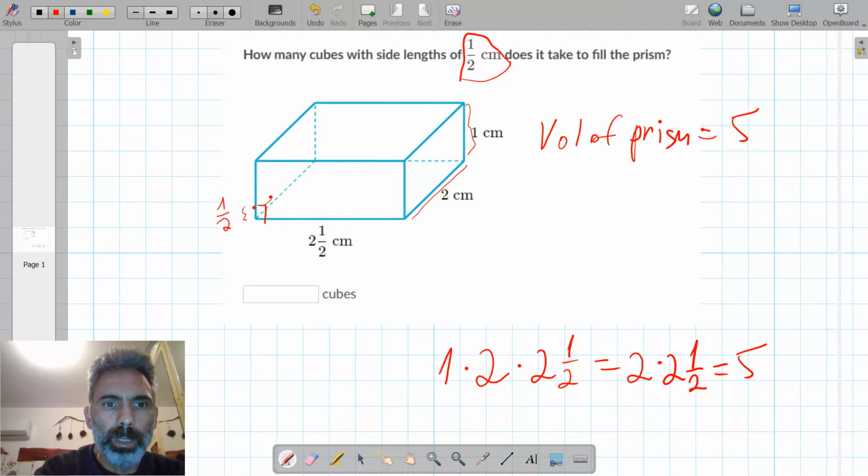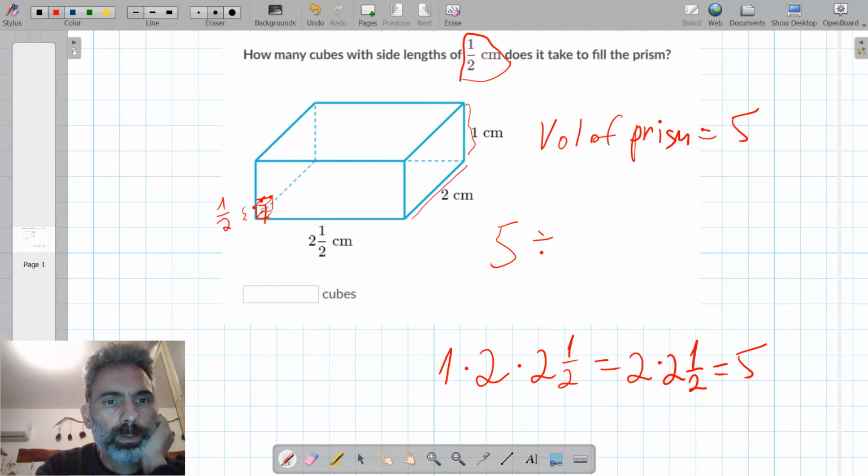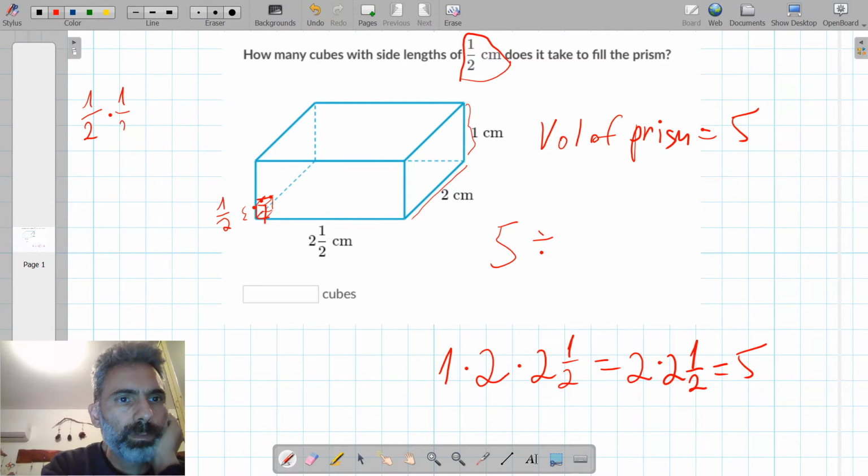So how many of these little cubes are required to fill the entire prism? So we need to divide 5 divided by the volume of the small cubes, or 1/2 times 1/2 times 1/2.